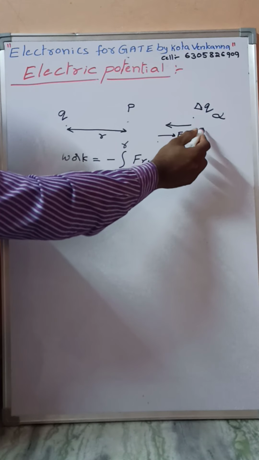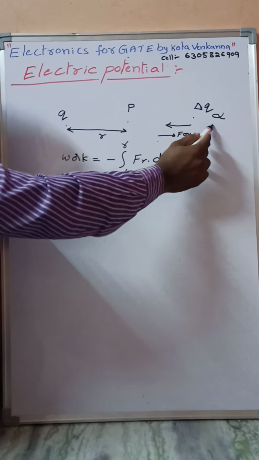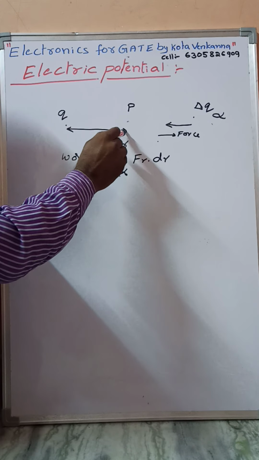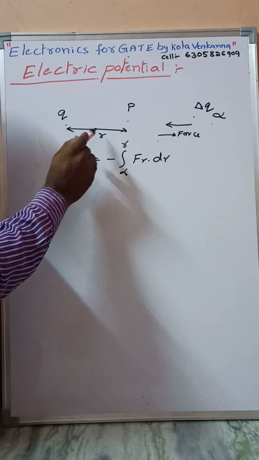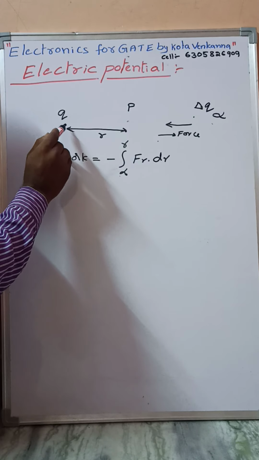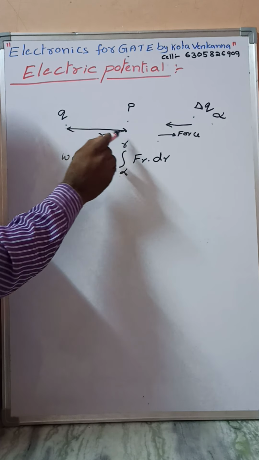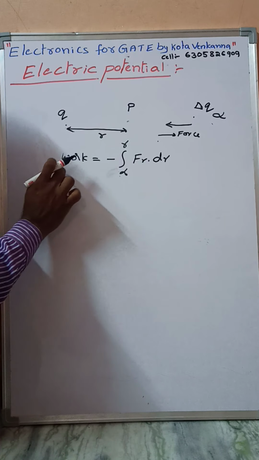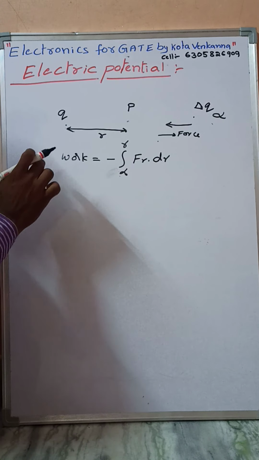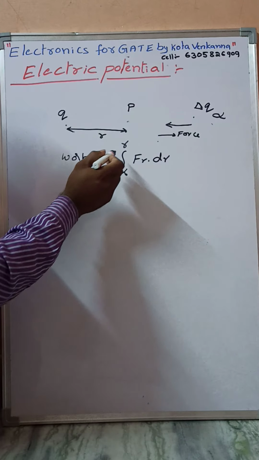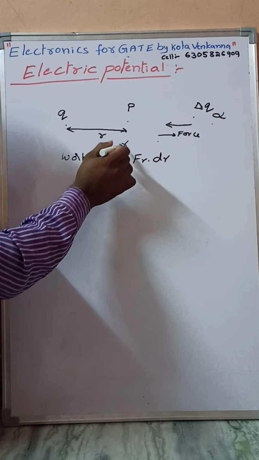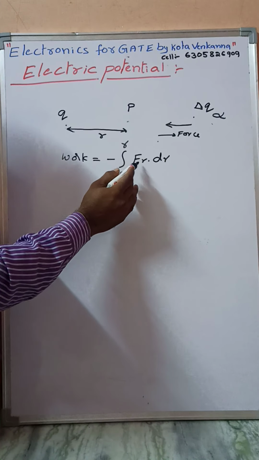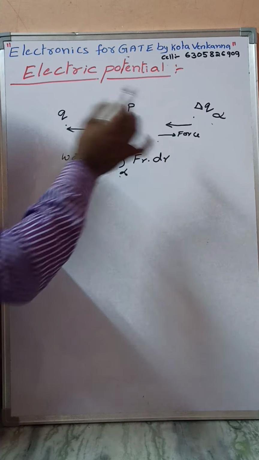The test charge is moved from infinity to the point P, and the distance from Q to P is r. So the work is equal to minus the integration from infinity to r of F(r) dr, where F(r) means the force in the direction of r.